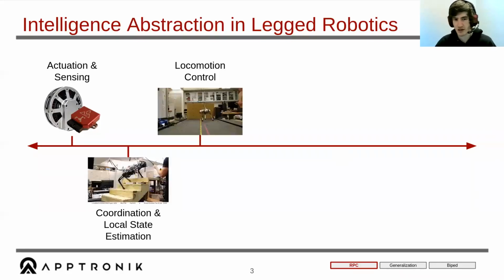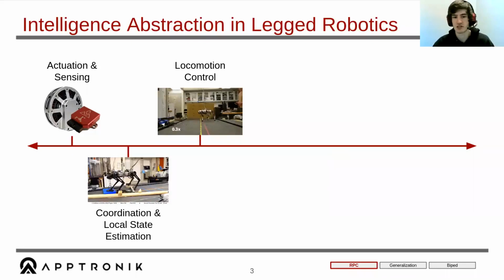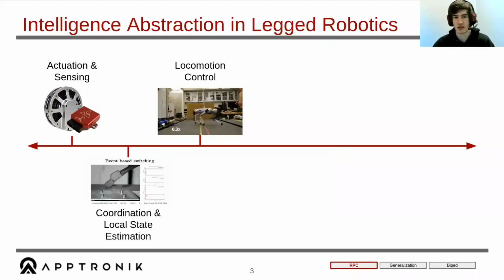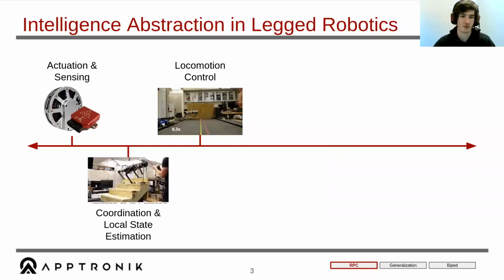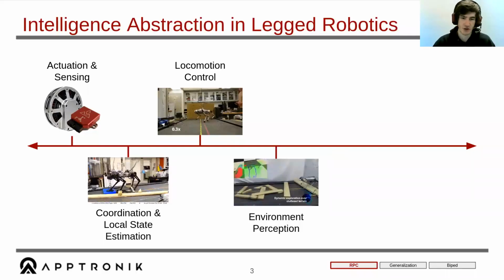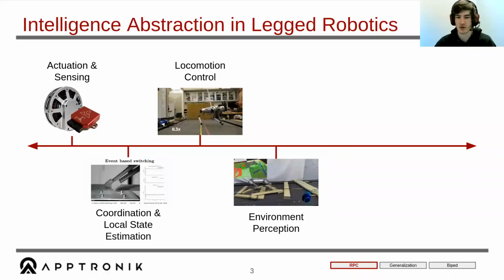If you're able to do that, the next layer up is the locomotion control. How do we leverage this coordination and state estimation to get the robot to actually move in a useful way, and manipulate its environment, in this case the ground, to move its body, balance itself, and get where it needs to go? If you're able to have the robot control itself and balance, that's all great.